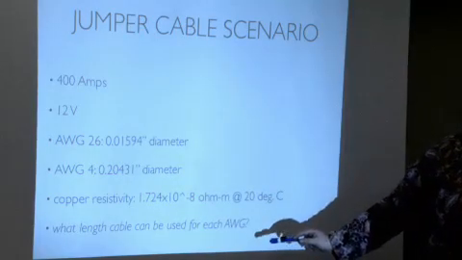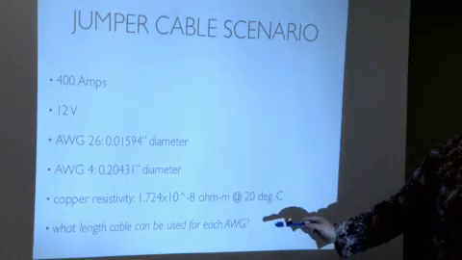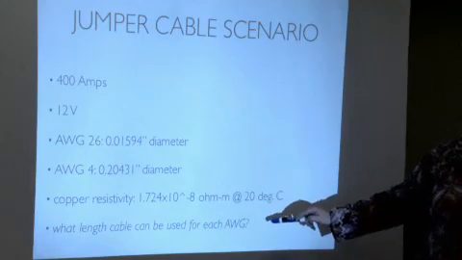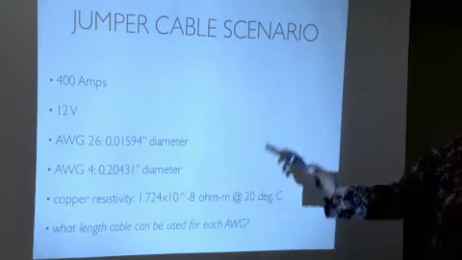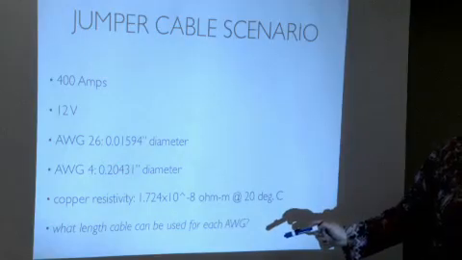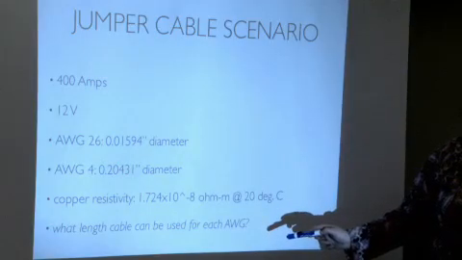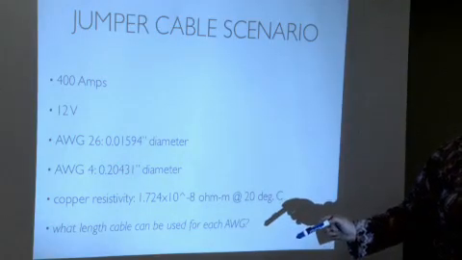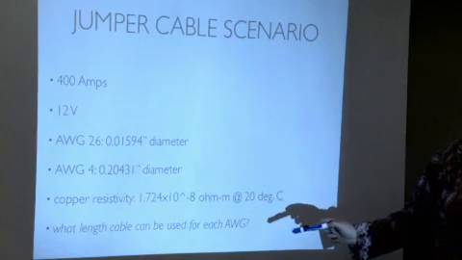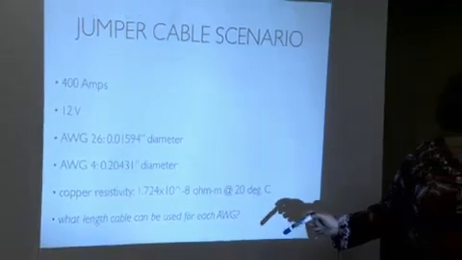Now what I want you to do is figure out what length of cable can be used for each wire gauge, so that your losses don't dominate over your transmission. Does this question make sense? I'm seeing a lot of confused faces.